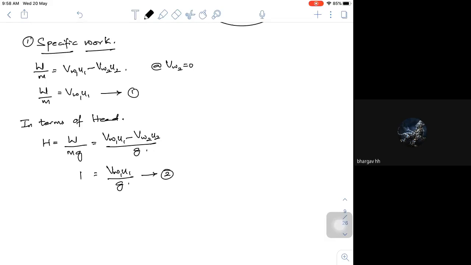So 1 is the specific work and the second one is the head.